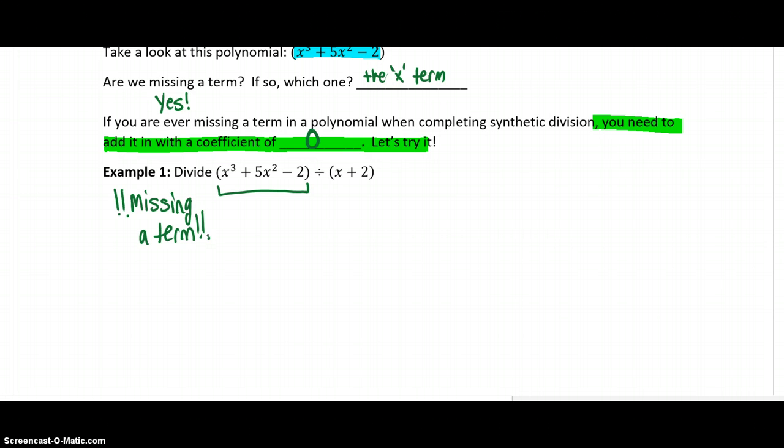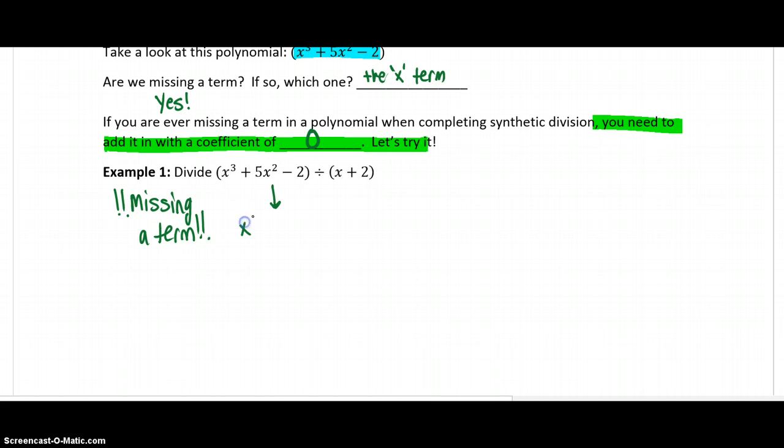If you try to divide this without taking care of that missing term, you're going to get the wrong answer every time. So always pay close attention to whether there is a missing term. In this case, this is actually the exact same example we just talked about, it's missing the x term. So like we set up above, we need to add it in with a coefficient of 0. So we're going to rewrite this expression.